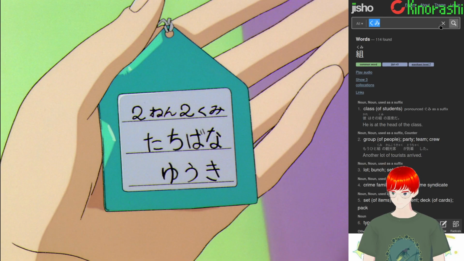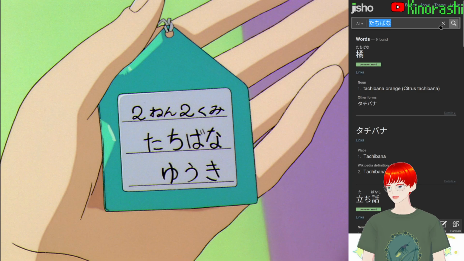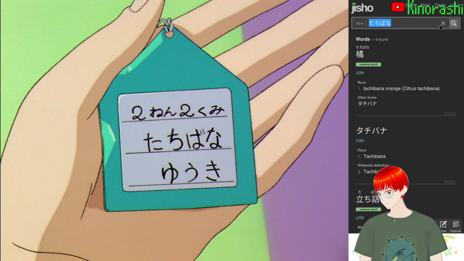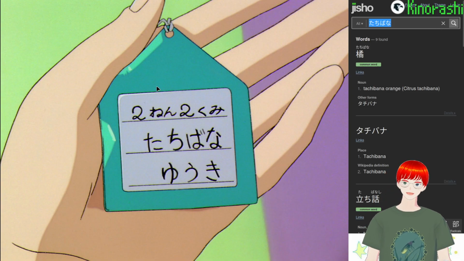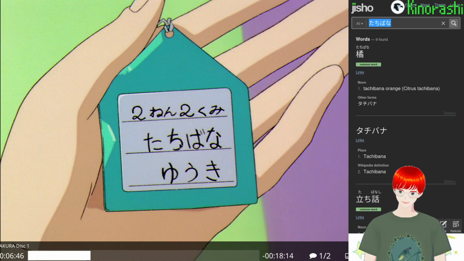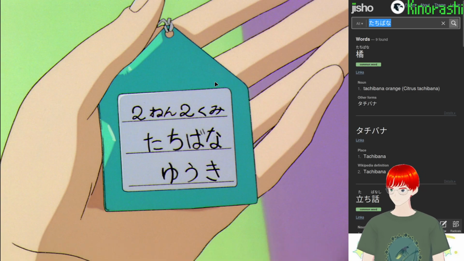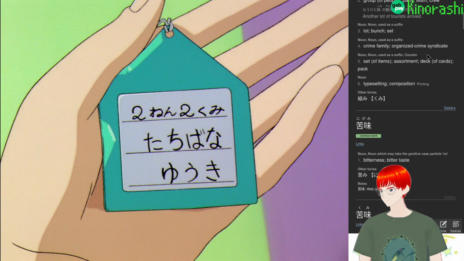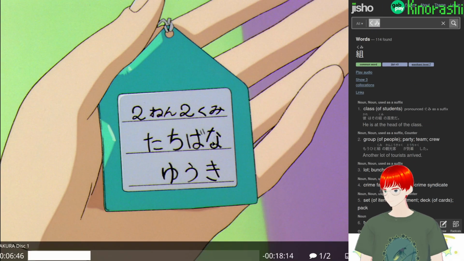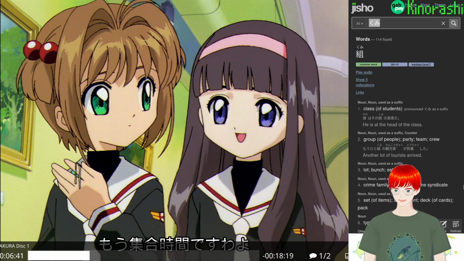Tachibana. Citrus. Oh, an orange tree, or a type of orange tree, essentially. Tachibana. So Yuki Tachibana or Tachibana Yuki. Mo shugo jikan desu wa yo.